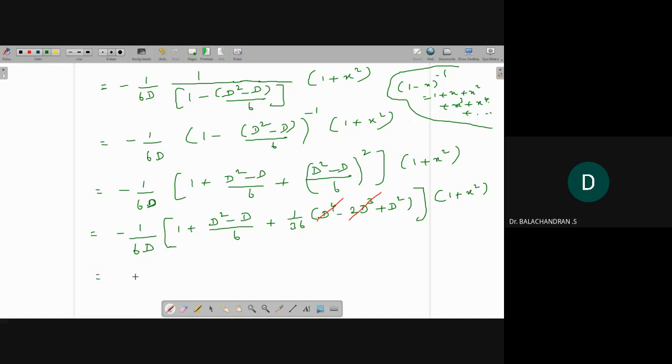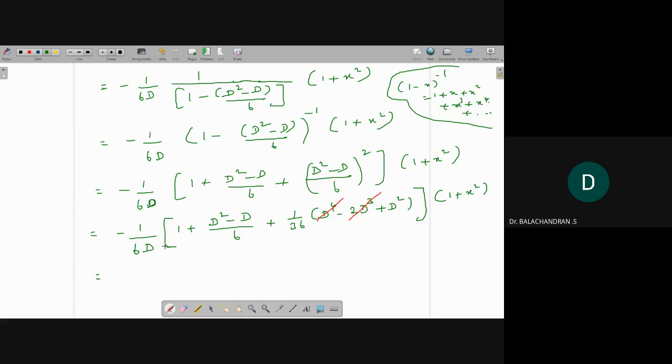You may tell, if I divide d cube by d square, I will get d. But again, d square of x square is what? Constant. So I am going to first simplify.